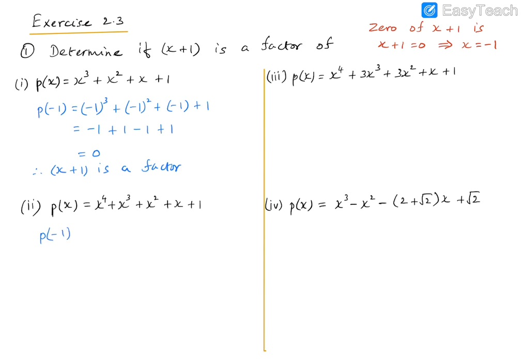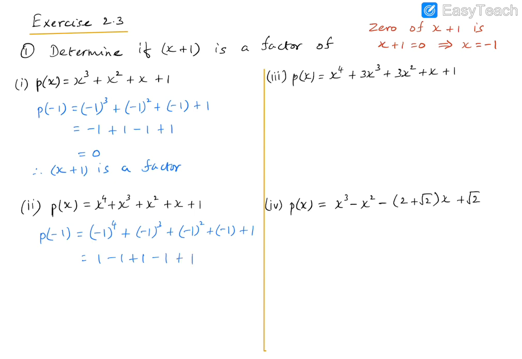So you have p of -1 for this also, so it will be -1 power 4 plus -1 power 3 plus -1 square plus -1 plus 1. So -1 power 4. If the power is an even number, the negative number will always be positive, so that will be 1. -1 power an odd number will be negative, so plus -1 is -1. -1 square is +1, so plus into +1 it will be +1, and -1, and then the final +1.